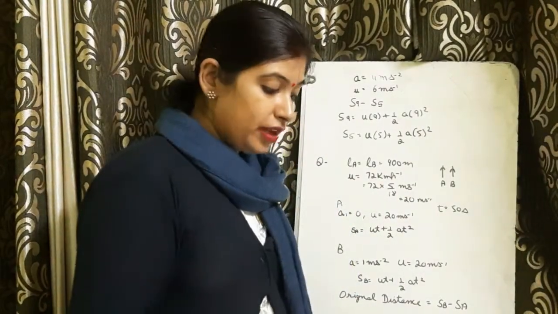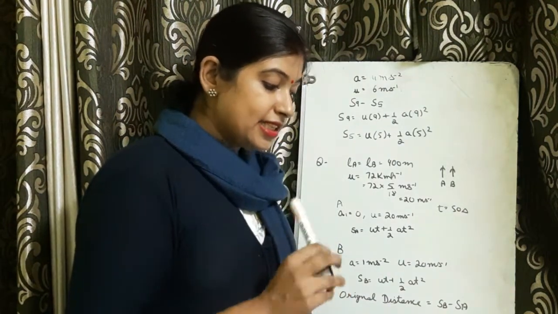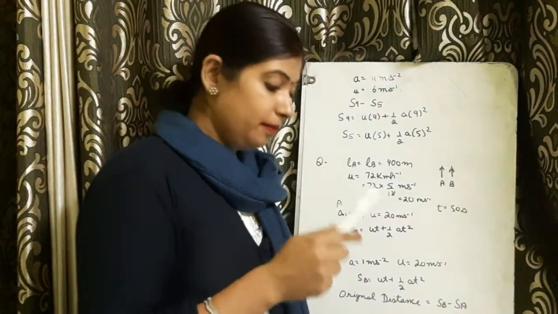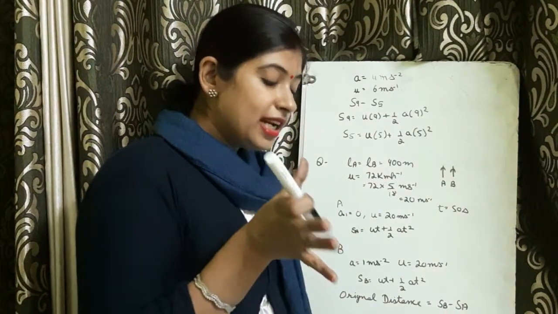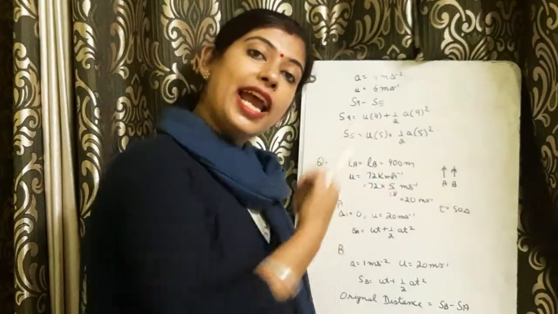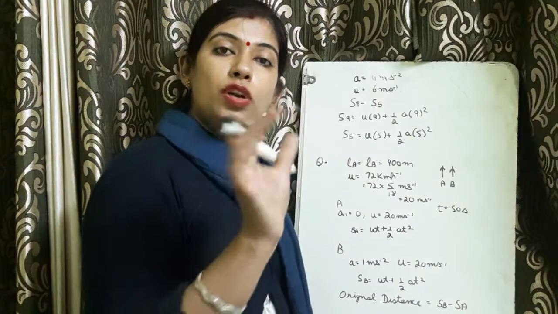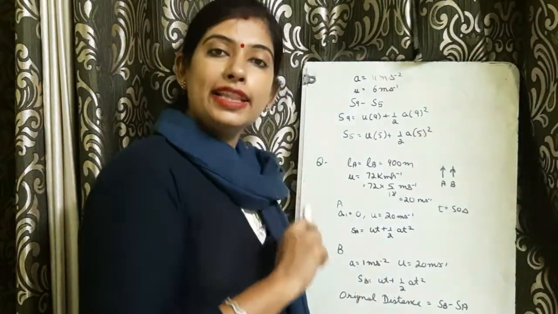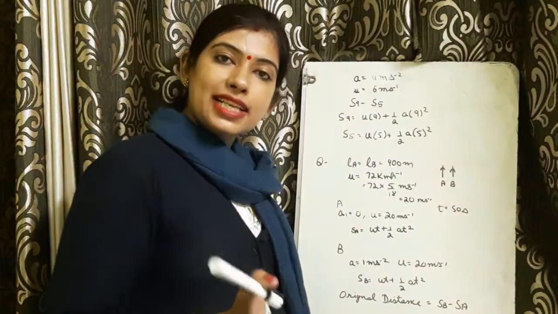We have to calculate the original distance between them, that is, when A was ahead of B, what was the original distance between the two trains? First of all, the length of both trains is given as 400 meter, which means the distance covered.